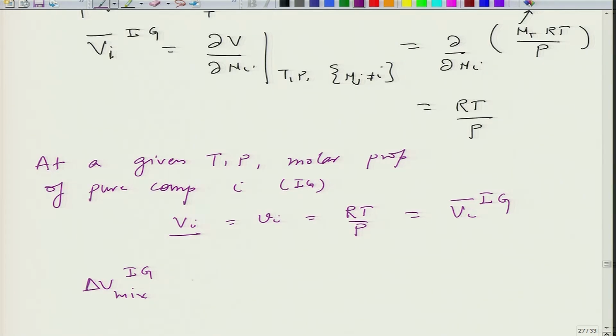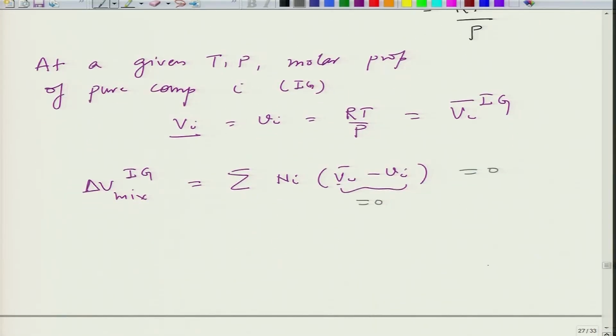By definition, this is nothing but the summation of N_i times (V_i bar minus small v_i). Now, small v_i and V_i bar are equal, and hence this is 0. So, that is one property of the ideal gas mixture, that the volume does not change upon mixing. That is why delta V mix for an ideal gas is equal to 0.